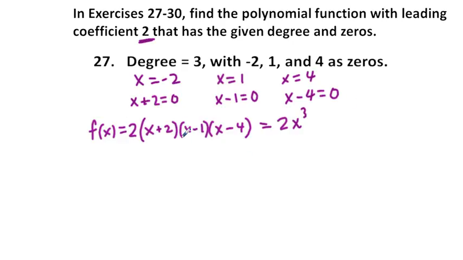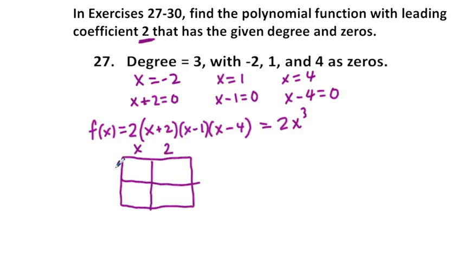And then we can go ahead, if we want a polynomial function in standard form, all we need to do is multiply all this together. So let's take the first 2 together. We'll say x plus 2 times x minus 1. So x plus 2, x minus 1, we get x squared plus 2x minus x minus 2.